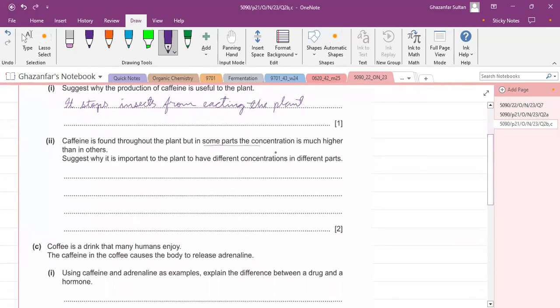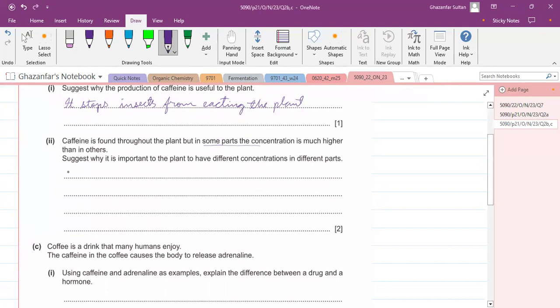So if in every part there would be the higher concentration, then definitely insects cannot eat on the plant and cannot come to the plant. So nature has diversified the caffeine concentration within the plant.